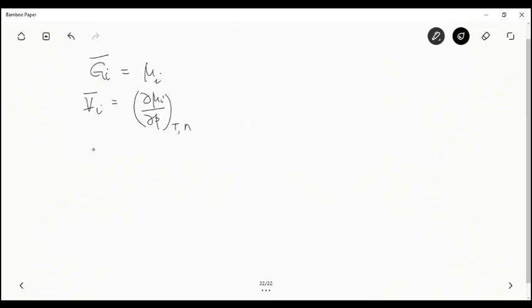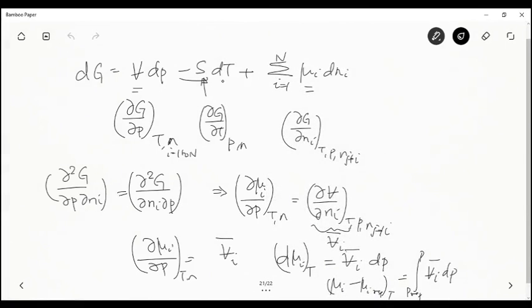Then once that is known, I should be able to get S_i bar, again from the same expression that we have here. In this expression, we said that minus S is equal to del G by del T, right?